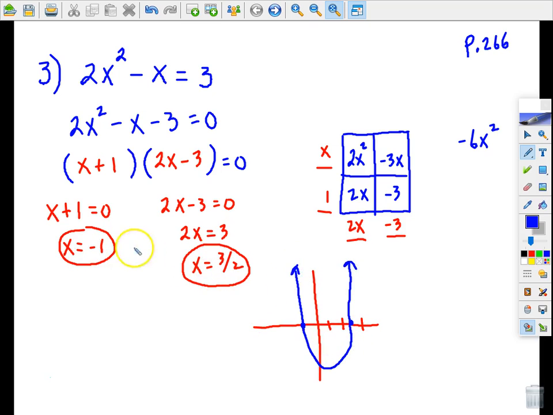And we could just find the middle, just add those two and divide by 2, and this is just a rough sketch, but that helps us find the AOS and the vertex. Okay, so the solution to these quadratic equations, if they're real numbers, they represent x-intercepts.